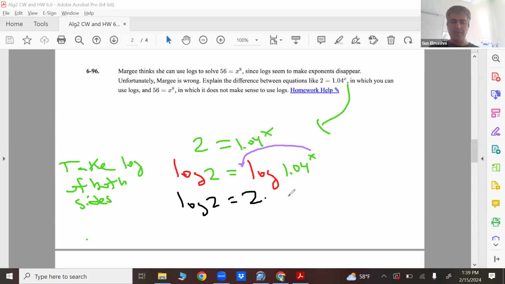Oh, sorry, I meant to put x. My bad. Let's use a calculator. It gets a little nasty with the decimals, but just deal with it. That's 1.04, my bad. .017.